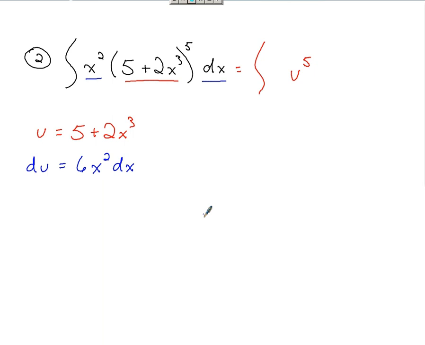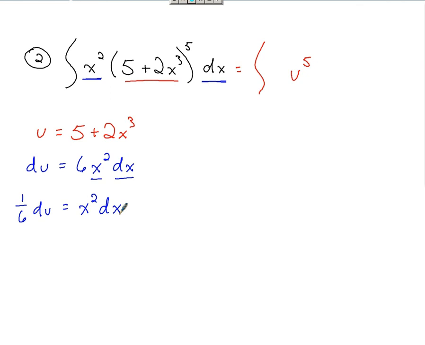Now, looking at what I need to replace up here, I need to replace a combination of x squared and dx. Notice, I have that combination right here. So, to replace the x squared dx, if I take this 6 and divide it over, I'd have du over 6, or I could say 1/6 du. That equals x squared dx.